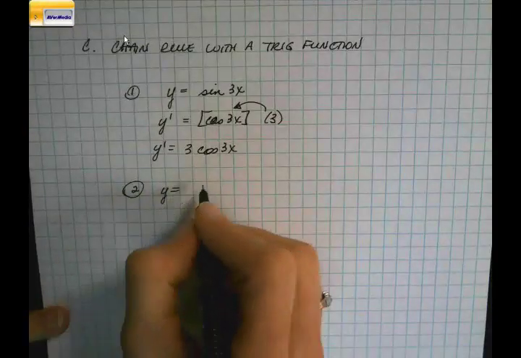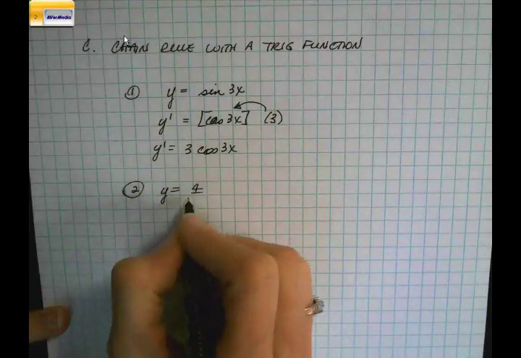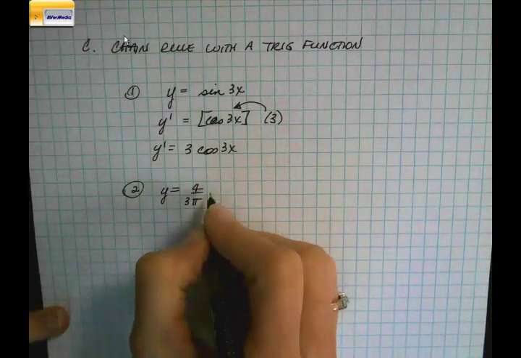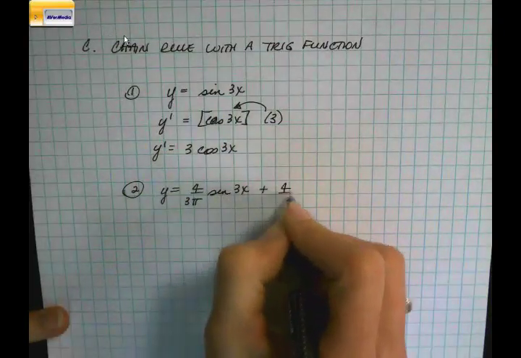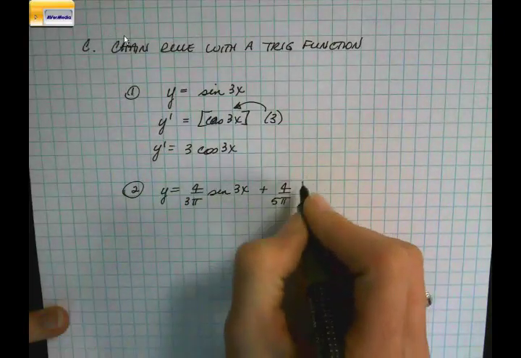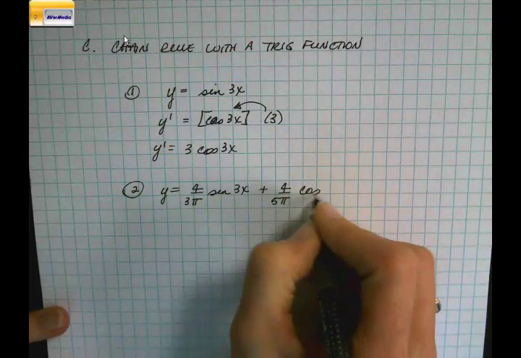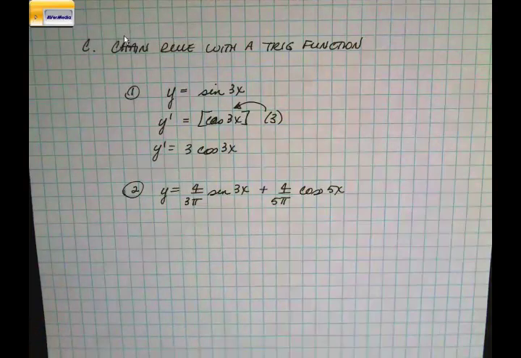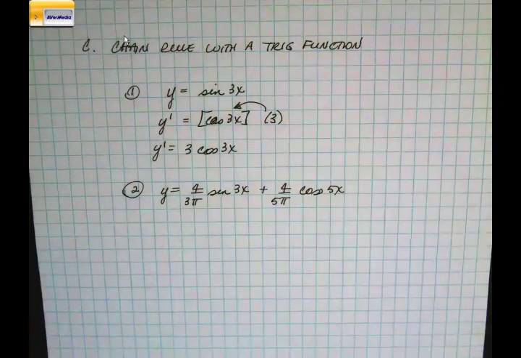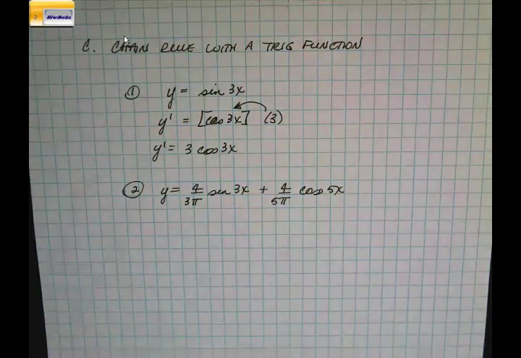So what if they say y equals 4 over 3 pi sine 3x plus 4 over 5 pi cosine 5x. They want you to take the derivative of that. Well, it's not bad. Now that we have this chain rule, it's really quite simple.